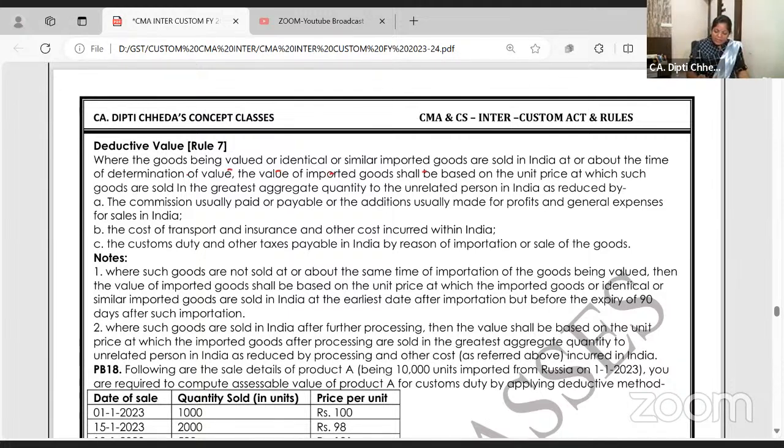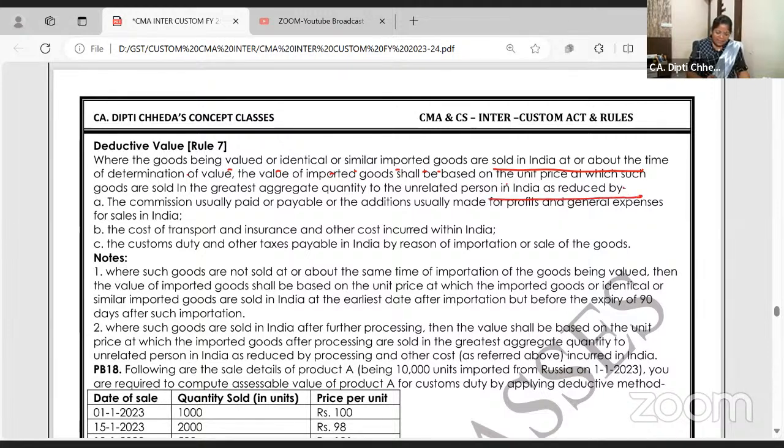Where the goods being valued or identical goods are sold in India, see how we do it. NRV method: final selling price minus profit minus after-sale expenses. So the value of imported goods, how will you calculate?